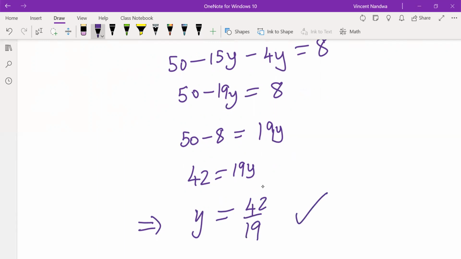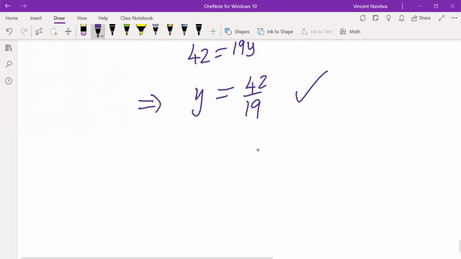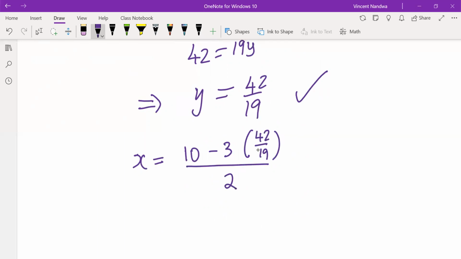So this is the solution for y. Now to get x, x will be (10 minus 3 times 42 over 19) divided by 2. This was from equation 3.